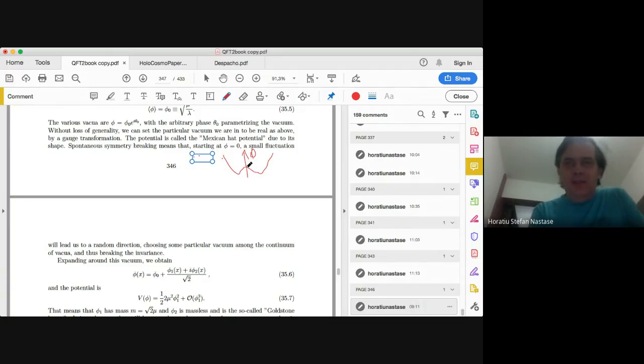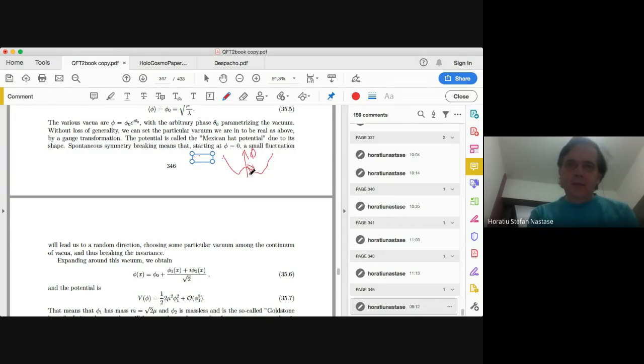if one starts at time equal to 0, you should start on the top of the potential here at phi equal to 0. A small fluctuation will lead us into a random direction. So you can go either here or here.